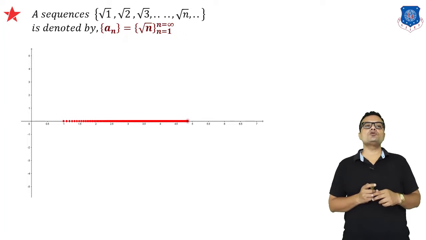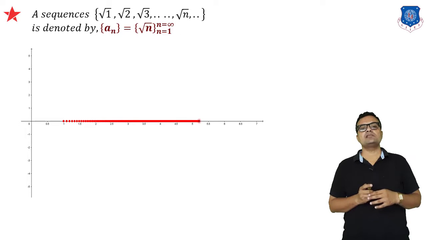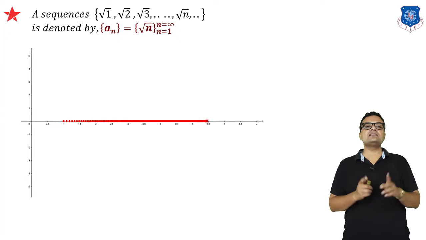But one thing you should note over here: if you observe the gap between two numbers in the initial values and after a certain level, you will see that as the value of n is increasing, the gap between two consecutive values is decreasing.